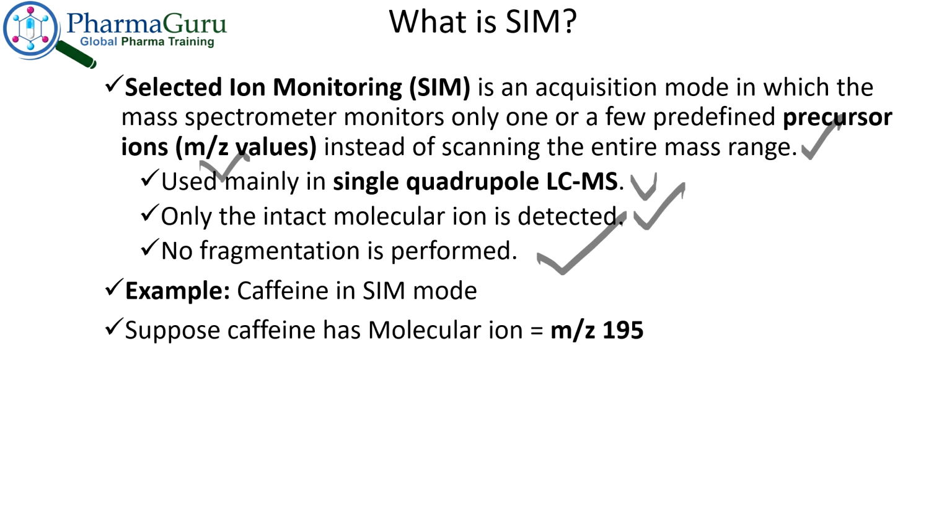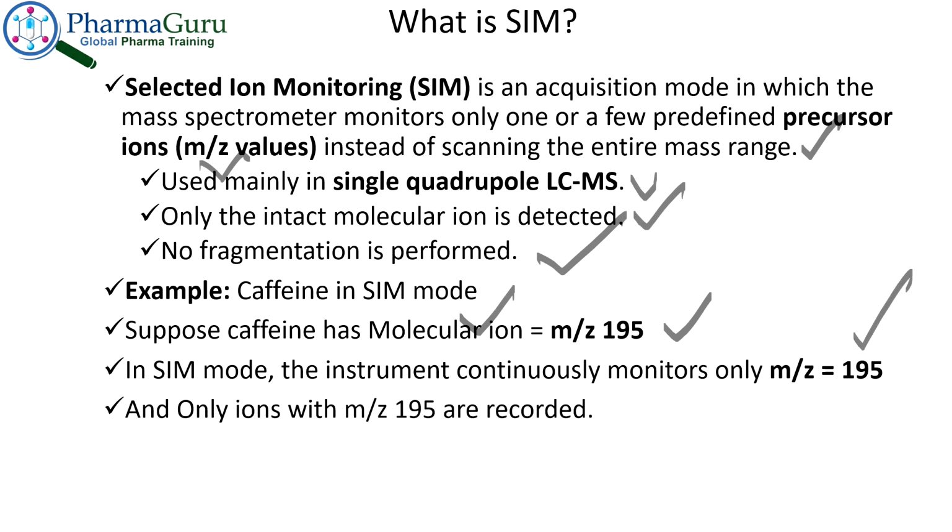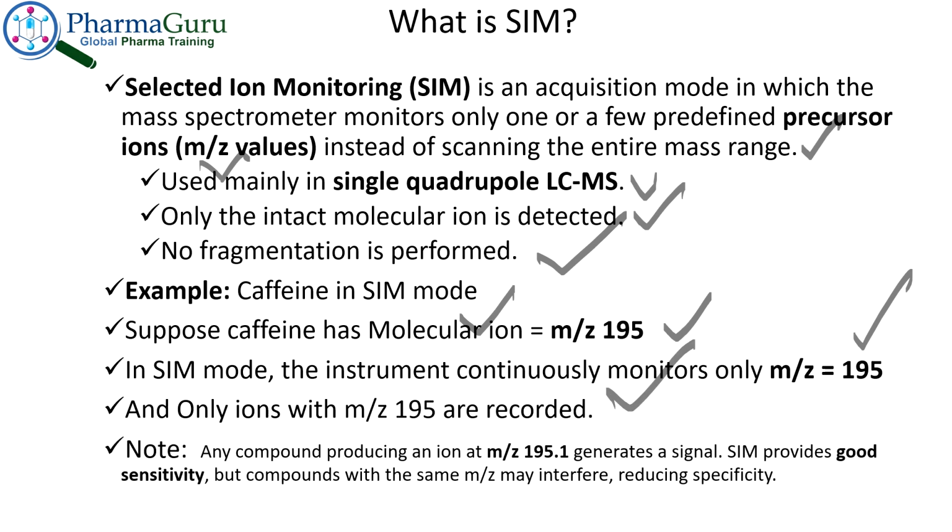For example, caffeine in SIM mode. Suppose caffeine has molecular ion m/z 195. In SIM mode, the instrument continuously monitors only m/z 195, and only ions with m/z 195 are recorded.